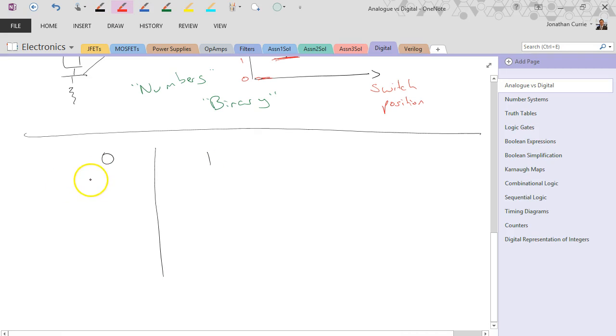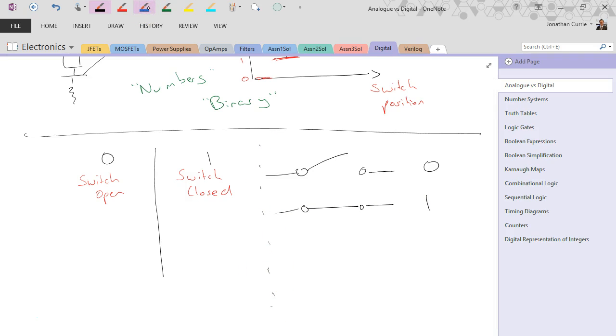Normally, this would be, for example, switch open, switch closed. That's my switch. That's the 0 position. That's the 1 position.